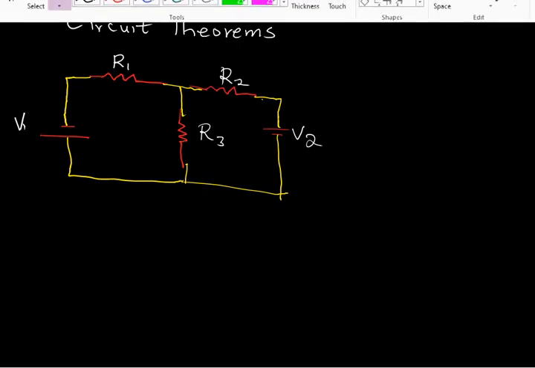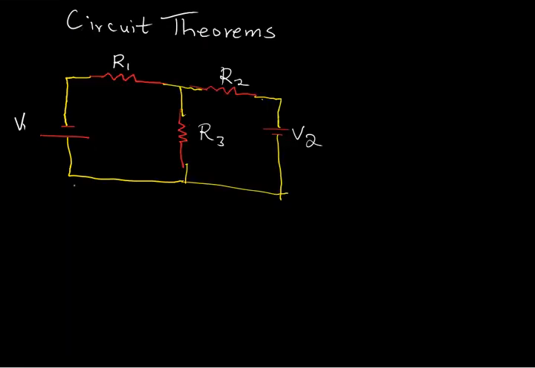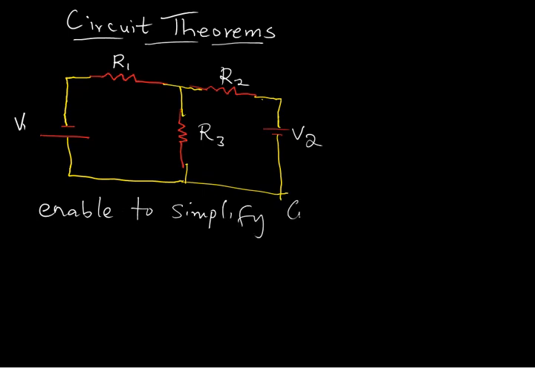All right, so now of course I will have to start with a definition. So what's a circuit theorem? Now circuit theorems are simply the theorems that enable us to simplify complex circuits or networks for analysis.